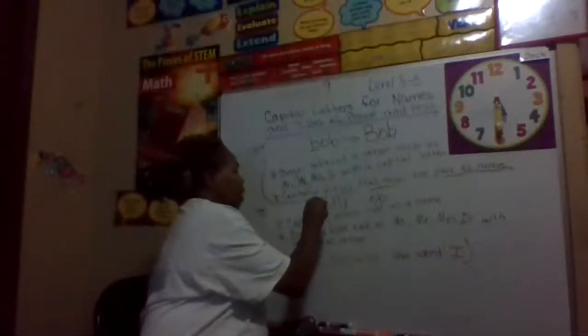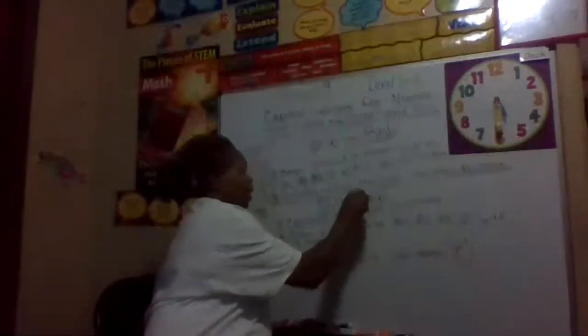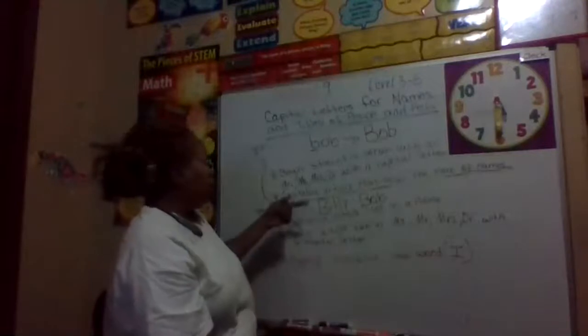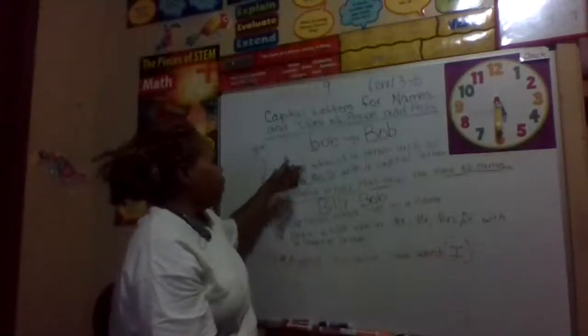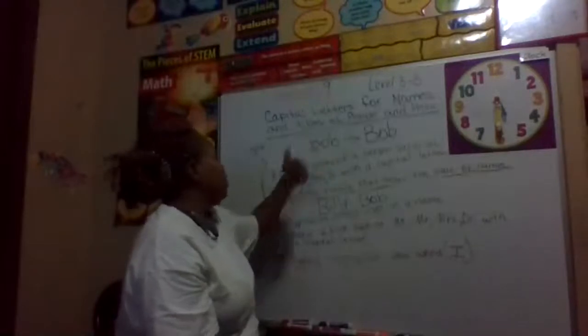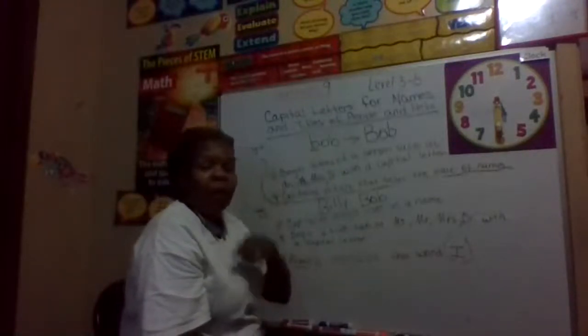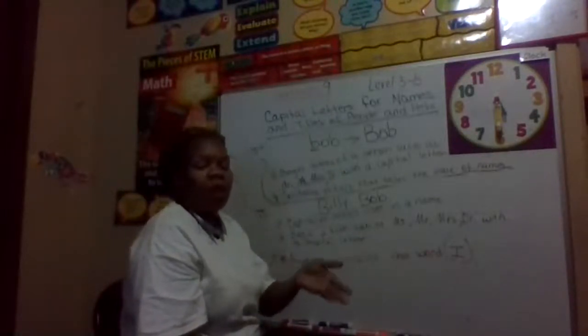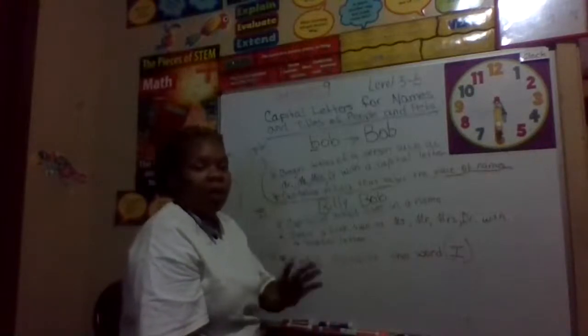So here we would have Billy and Bob. Billy Bob. That would be his name. Now, notice the difference in everything. Everything is still pretty much the same, isn't it? It doesn't matter the level. It doesn't matter the grade. Even if it was pre-K, it's still going to be the same. The rule is not going to change. The rule is going to remain the same.